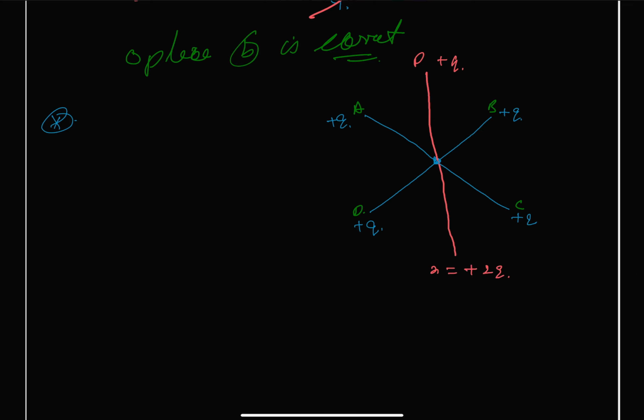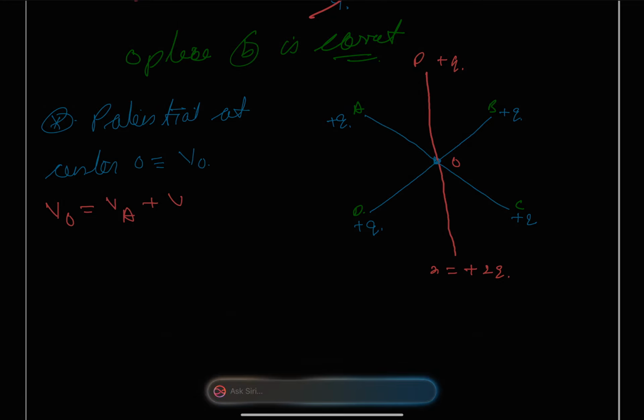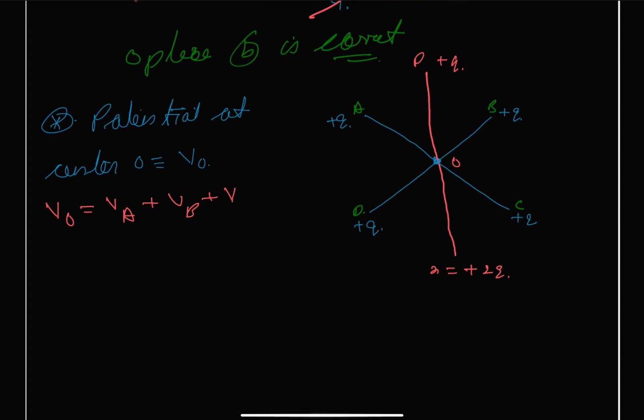So it means the potential at center O, let us call this V naught. V naught will be equal to the potential due to charge A plus potential due to charge B plus Vc plus Vd, and then the potential due to point P and the potential due to the point charge at X.